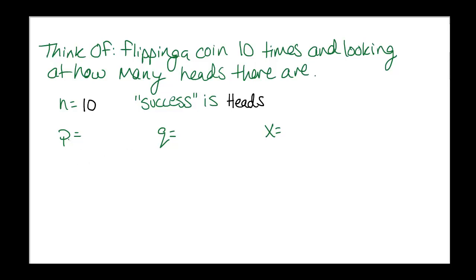Then p, our probability of success, the probability of heads on any given flip, is 1/2, and of course our q is 1/2 as well, since the probability of tails is also 1/2. And x here would be representing how many heads you got in the 10 flips. This is just a really basic example of the binomial distribution, but it helps to keep this in mind when you're looking at more complicated examples.